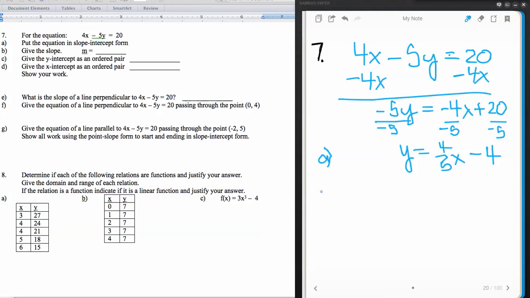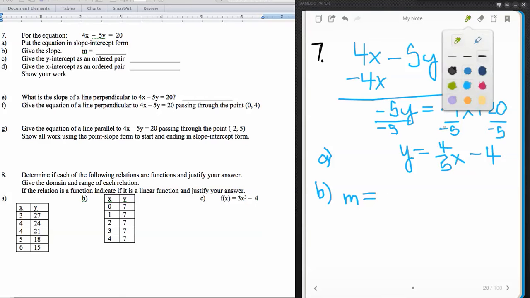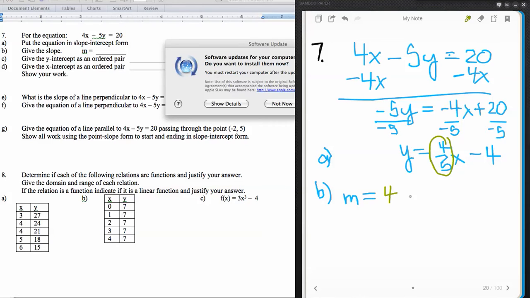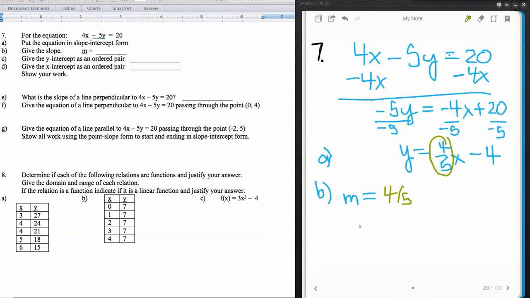Now part B is to give the slope. So the slope, remember, is the numeric coefficient of the x term. So the slope of this is 4/5, so we'll put 4/5 right here. And then the next thing that we want to do is give the y-intercept as an ordered pair.